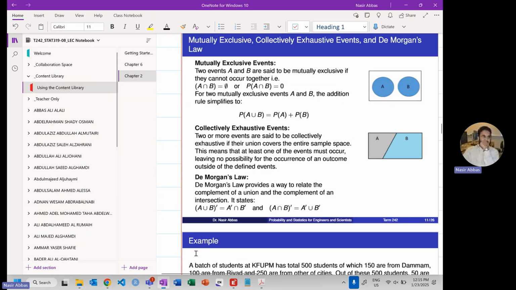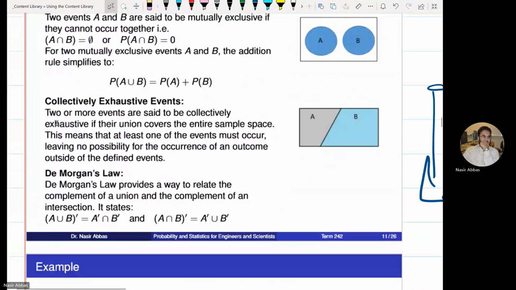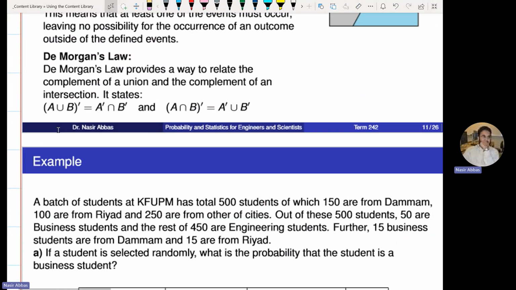De Morgan's law says that the probability of A union B whole complement is equal to probability of A complement intersection B complement. And A intersection B whole complement is equal to A complement union B complement. You take it in what, high school or what? De Morgan's law. It is covered somewhere. Somewhere it is covered.